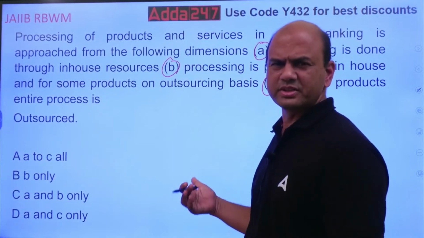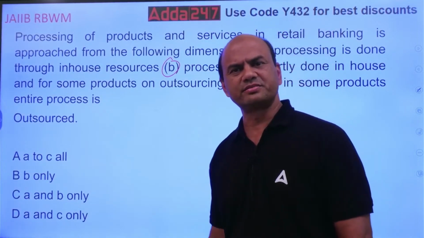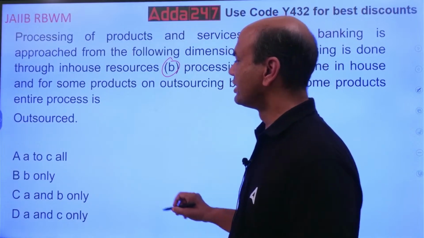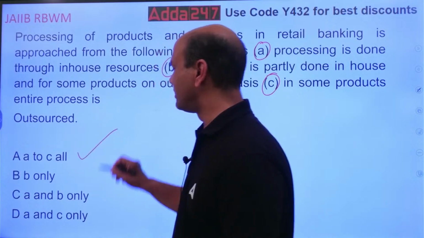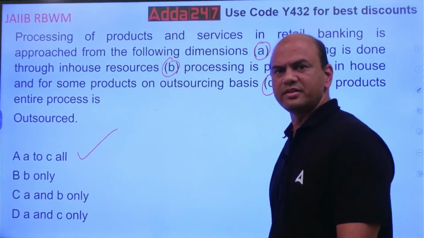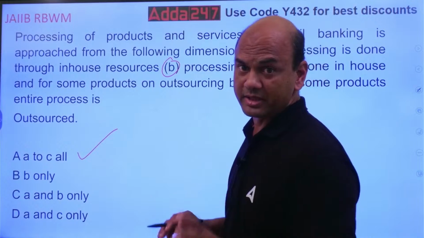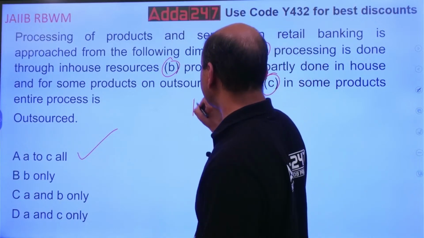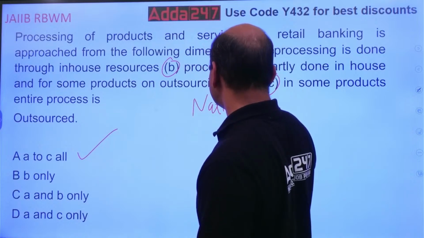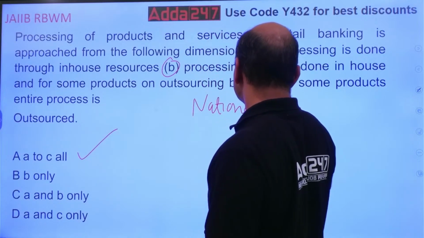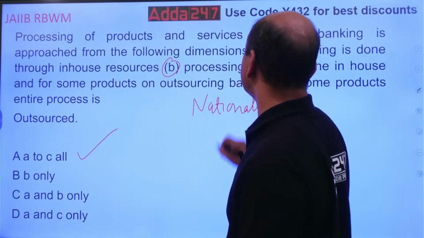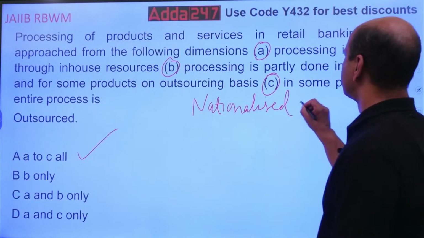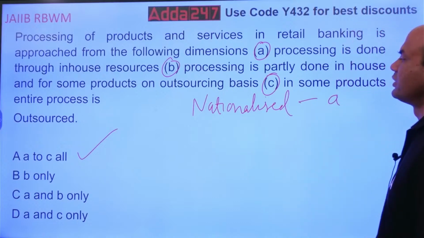We have seen a similar question earlier also. So it is all of them, A to C all. It depends on bank to bank. Generally, as per your books, nationalized banks follow A, in-house.